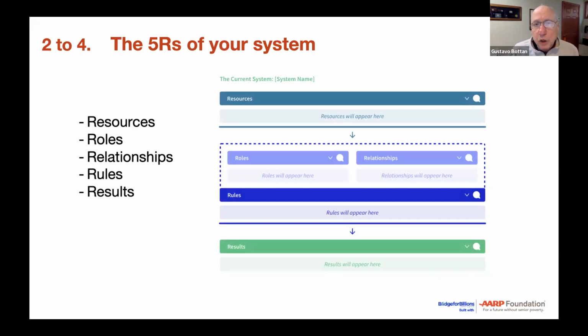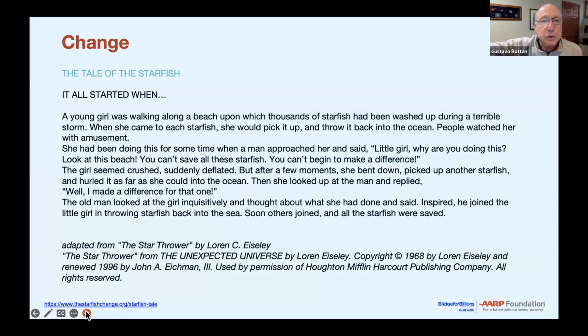So you will see, when you enter the resources and the roles and relationships and the rules, they will all appear here. So you will have a screen that clearly shows, and makes it easy to understand, what is the system in which you're going to be part of, okay?